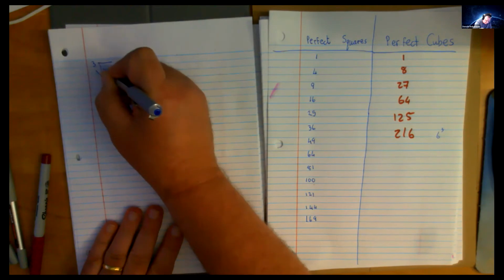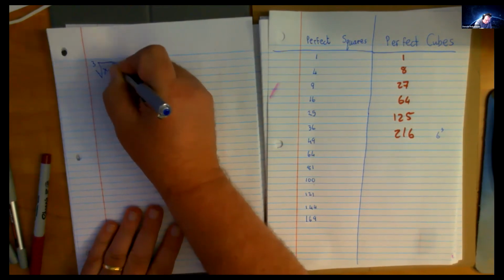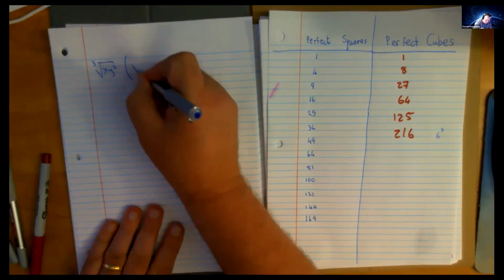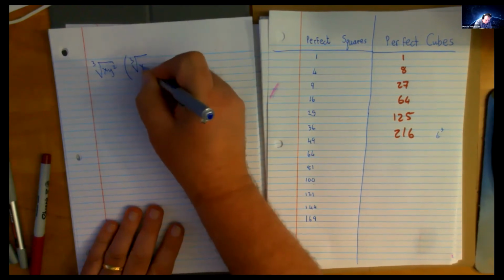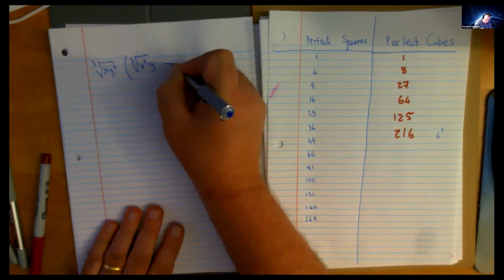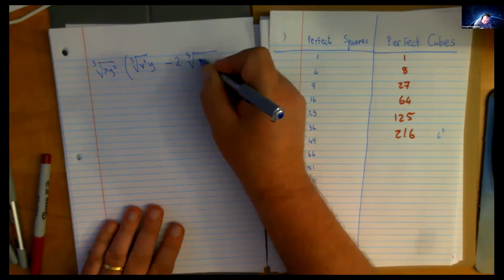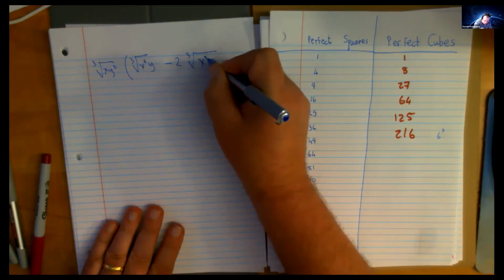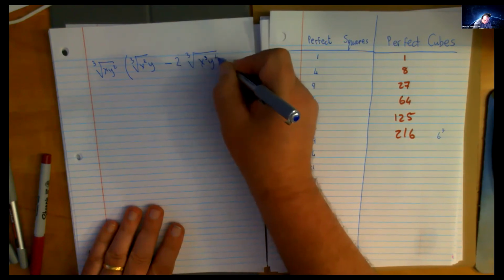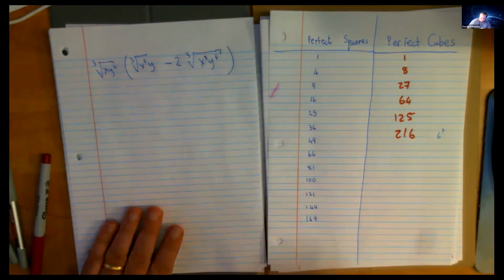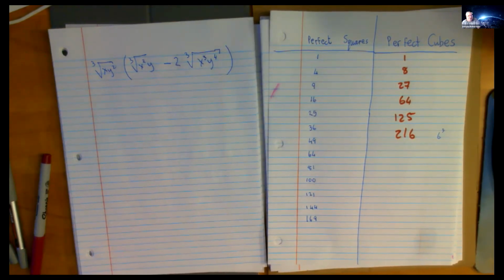So, cube root of xy squared multiplied by cube root of x squared y, take away 2 lots of the cube root of x cubed y to the 4. So I'm not hanging back here, right? I'm getting stuck in with the really ugly ones right away.